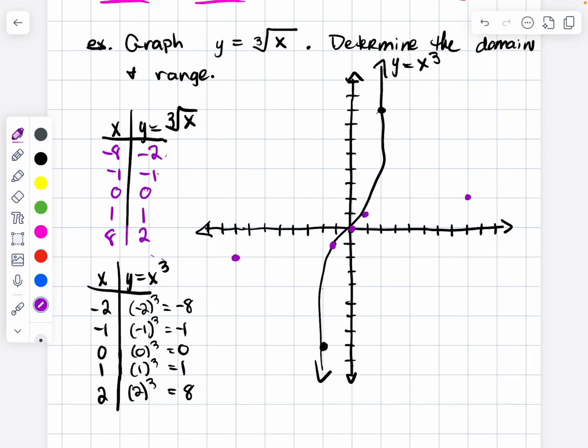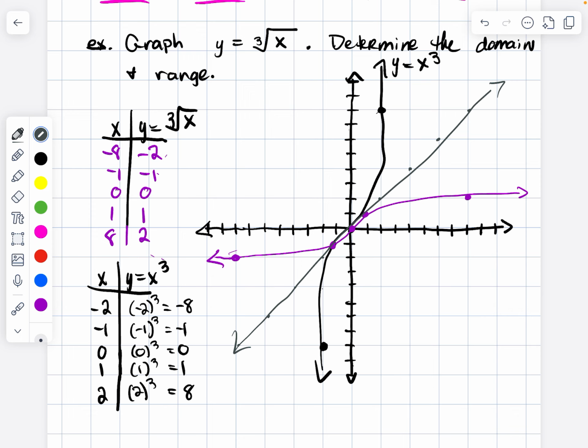And so what this will look like is something like this. Notice what I told you before is true, though. If we were to fold along y equals x, we will see a reflection.